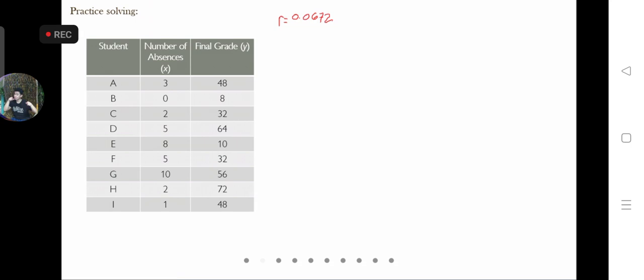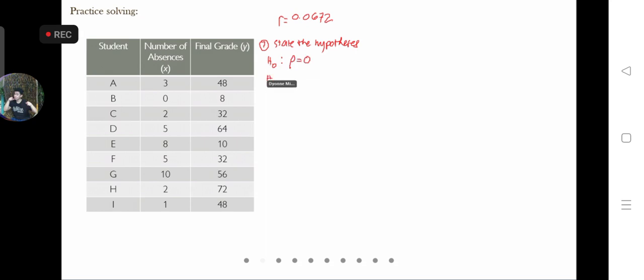Following the steps of hypothesis testing, the first part is stating the hypothesis. What is our hypothesis? Our null hypothesis is that the correlation is equal to 0.